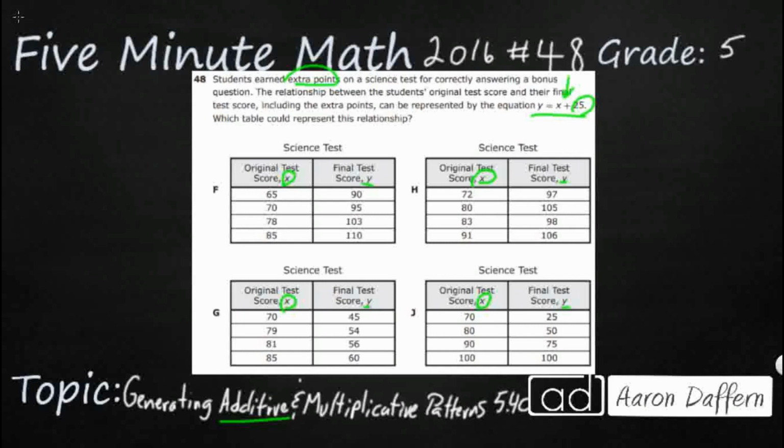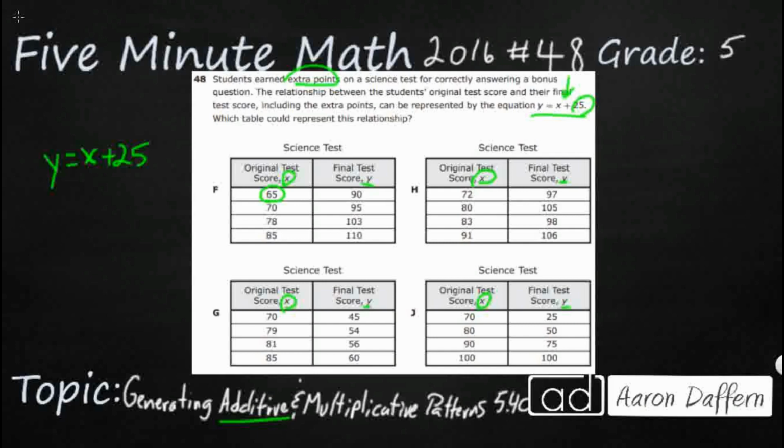So let's use a strategy called substitution. So let's do this. y equals x plus 25. Substitution is simply where we're going to take some numbers and substitute them in for variables. So let's take a look at x right here with F. This is our input here. Let's say that is 65.